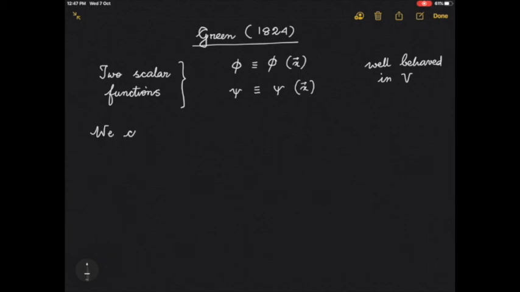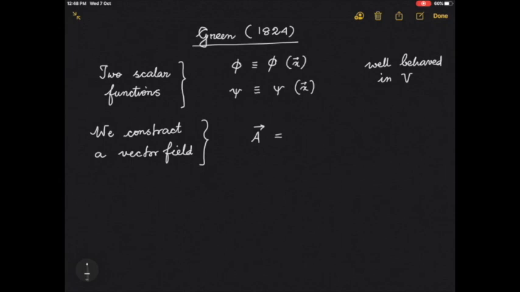And we can construct a vector field out of these functions. This has no physical significance at this point, it's just a mathematical construction. We are essentially trying to use one identity to go to another identity in vector analysis.